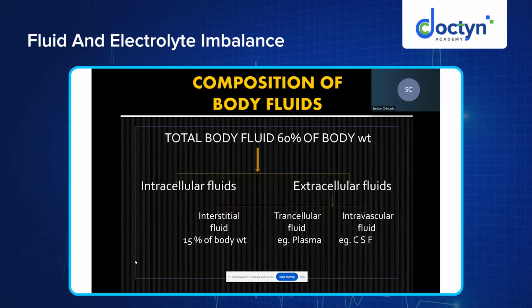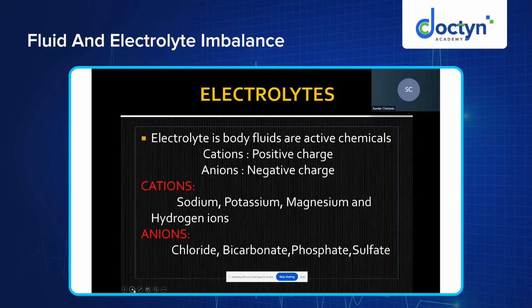The extracellular fluid is further divided into interstitial fluid, transcellular fluid, and intravascular fluid. Interstitial fluid accounts for almost 15% of the body weight. Then you have transcellular fluid, which makes up the plasma. And then you have the intravascular fluid, that is cerebrospinal fluid in the brain. So this is the total composition of the body fluids.